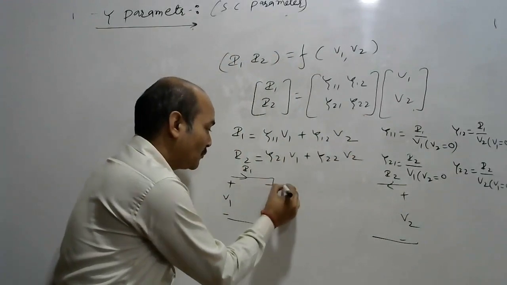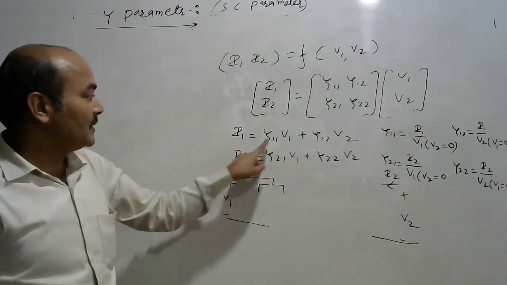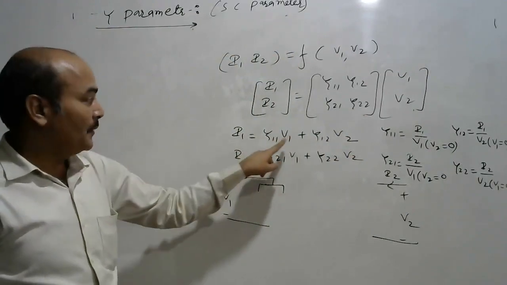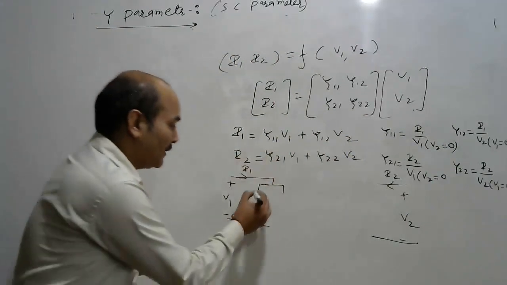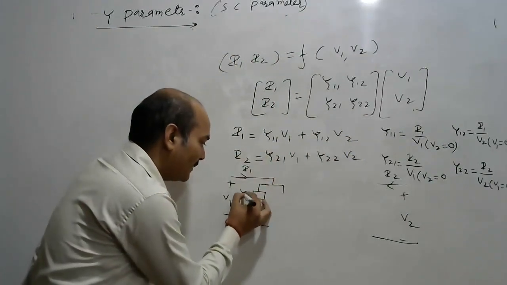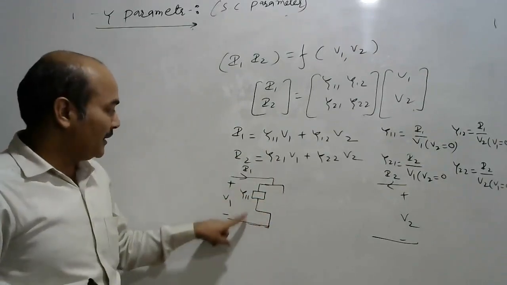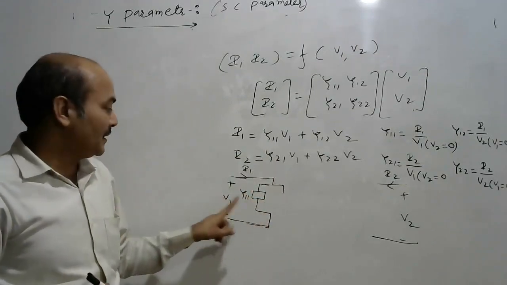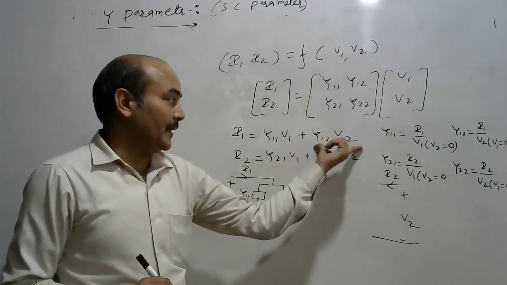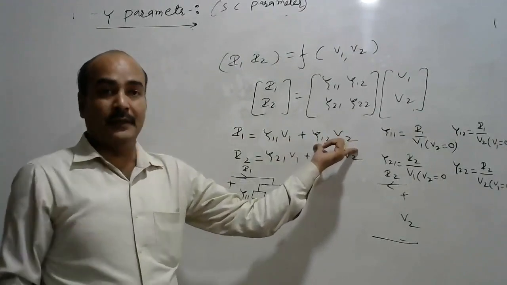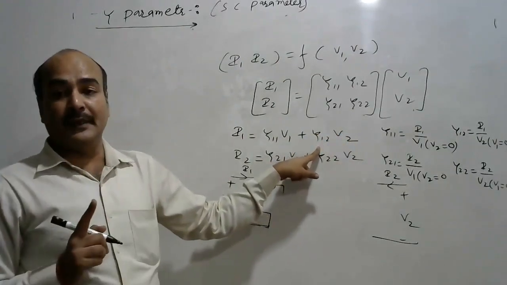So here we are showing the two branches, one and second. The first is y11 V1. V1 is the voltage and y11 is an admittance, so that comes as a parallel admittance y11. This is my first term, because the voltage across y11 is V1. So this term is y11 V1. The second term is also a current, but depending upon the output voltage.